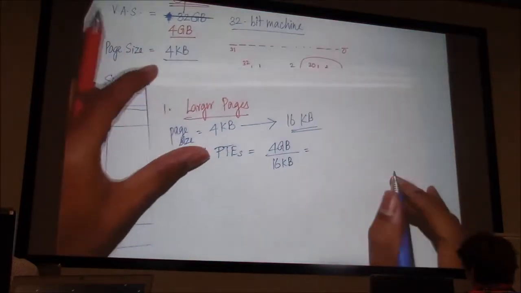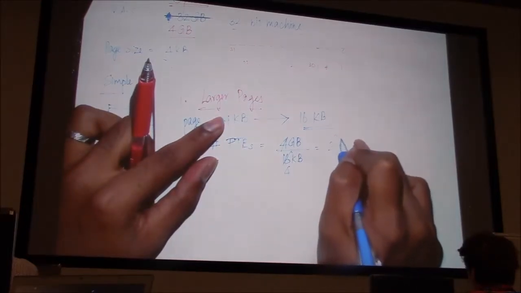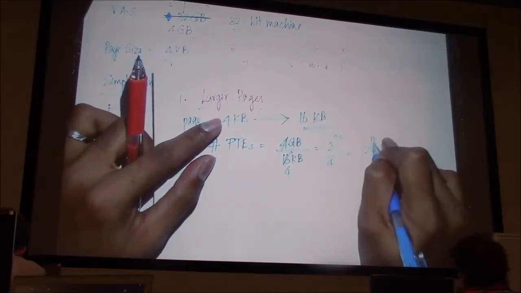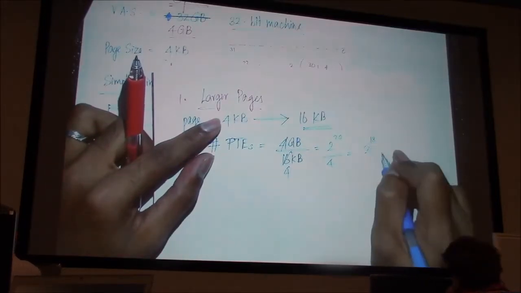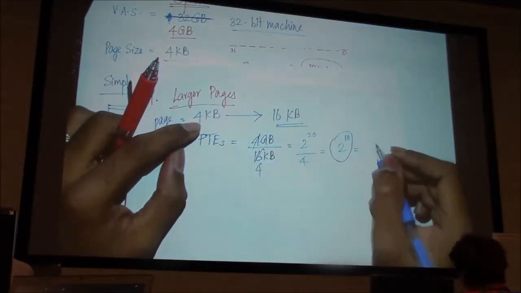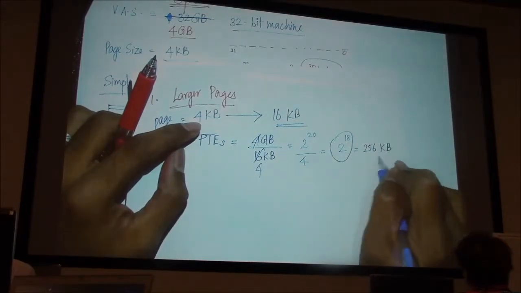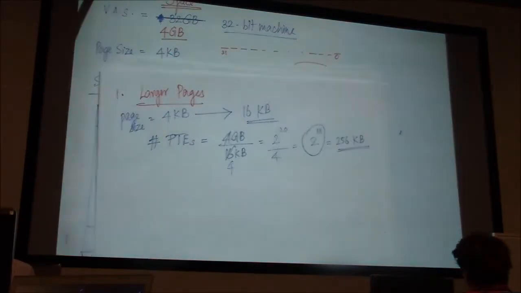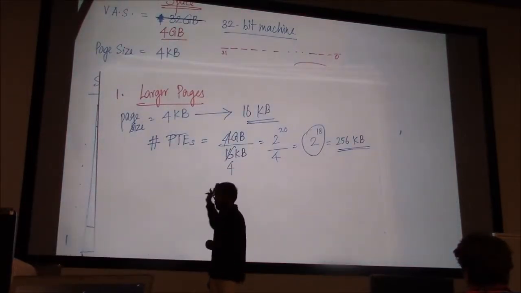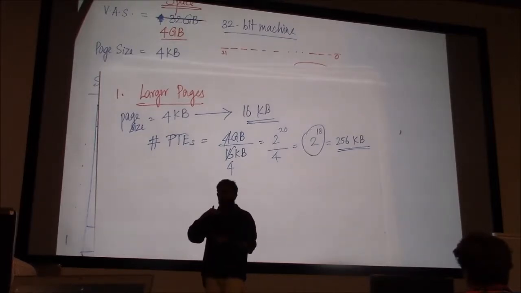which is going to be 2 to the power of 20 by 4, this 2 to the power of 18, right? So we just reduced the size of the page table. 2 to the power of 8 is 256. By making a single page go from 4 KB to 16 KB, we just reduced the number of page table entries in the page table.